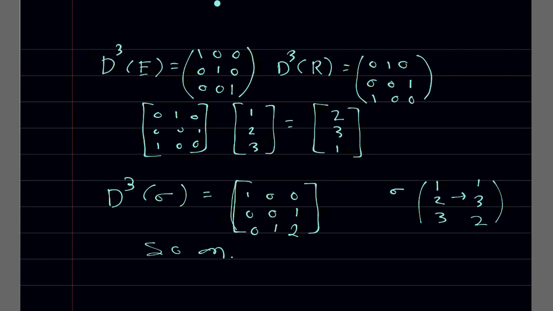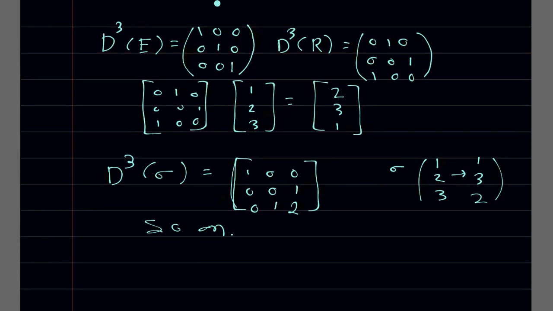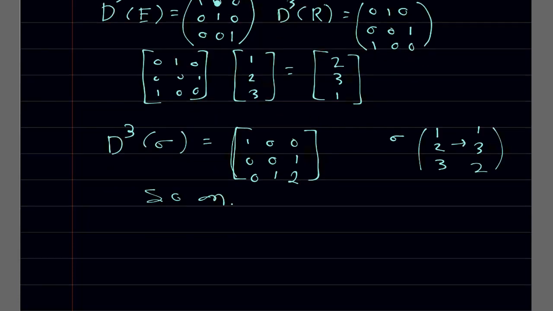Now, why these matrices are a faithful or a good representation of our permutation group element is because again they satisfy this property. So if you have R and sigma, what did we get? R sigma gave us, I think, sigma prime. A quick check.